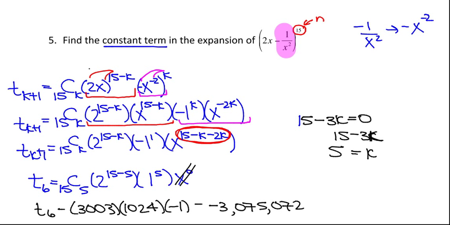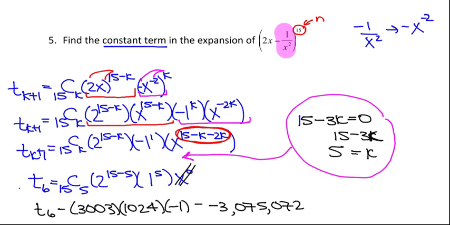I did that by distributing my exponent and collecting my x's together, same base, multiplying, so I added my exponents, and then I set that equal to 0 to find k. Once I found k, I was able to plug it back in, which I plugged in after here. Now I know what k is, and then I was able to evaluate that term.